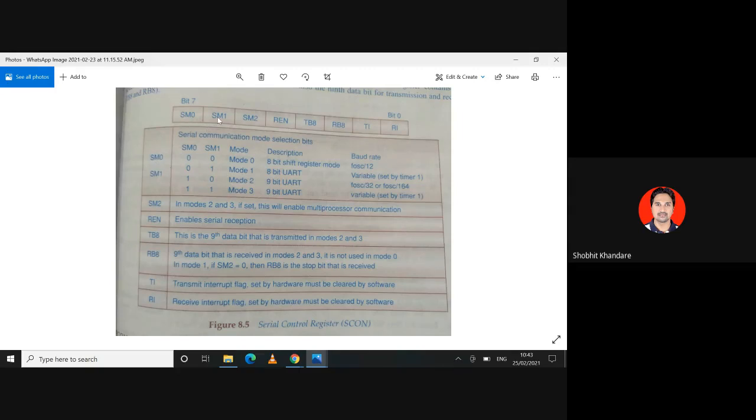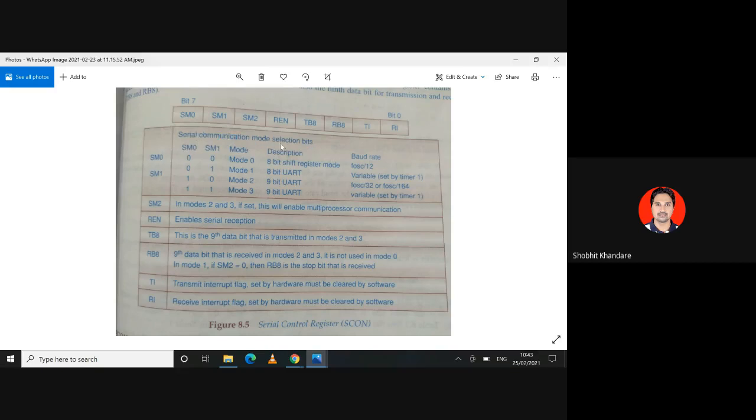So SM0, SM1 together will give you the different modes of operation of your serial communication: mode 0, mode 1, mode 2, mode 3, and their description and the baud rate. So see here, serial communication mode selection bits. ये कौन है?